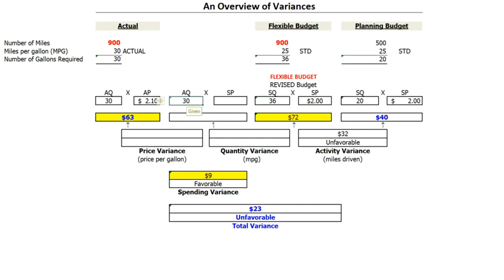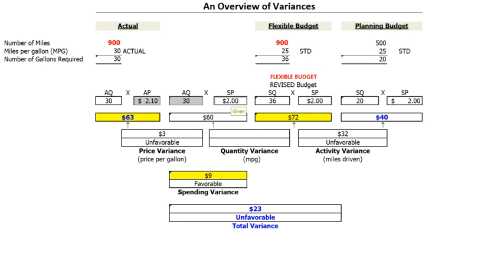We take our actual gallons purchased, 30 gallons, and if we had paid our $2 per gallon standard or expected price, we would have anticipated only spending $60 in gas. We did spend $63 in gas. And so that gives rise to the $3 unfavorable price variance. And we can see that's simply the 30 gallons multiplied by an extra 10 cents per gallon.